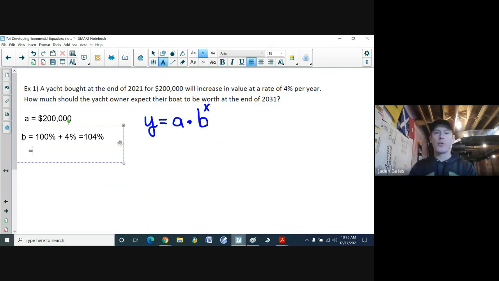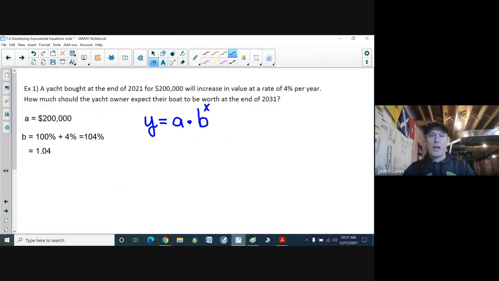You've got to convert it to a decimal. To convert a percent to a decimal, we divide by 100%. So if I take 104% and divide it by 100%, I get 1.04.